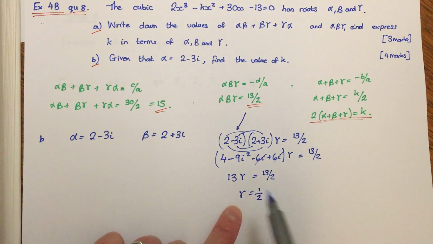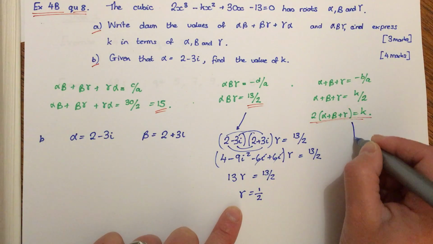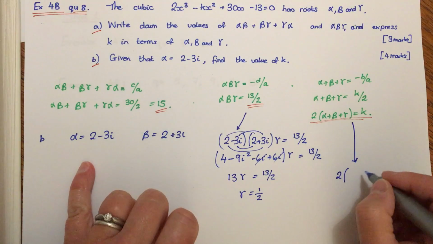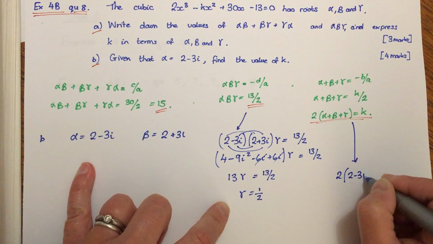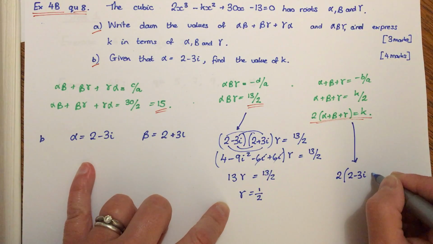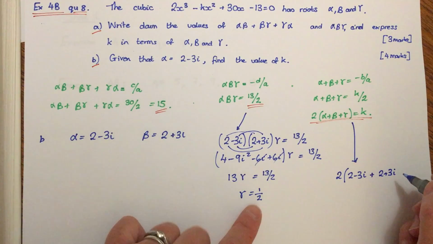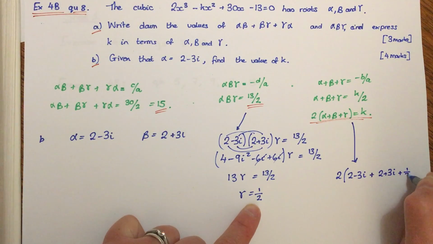And now I know alpha and beta and gamma, so I can use this one. And I know that 2 lots of alpha plus beta plus gamma is k.